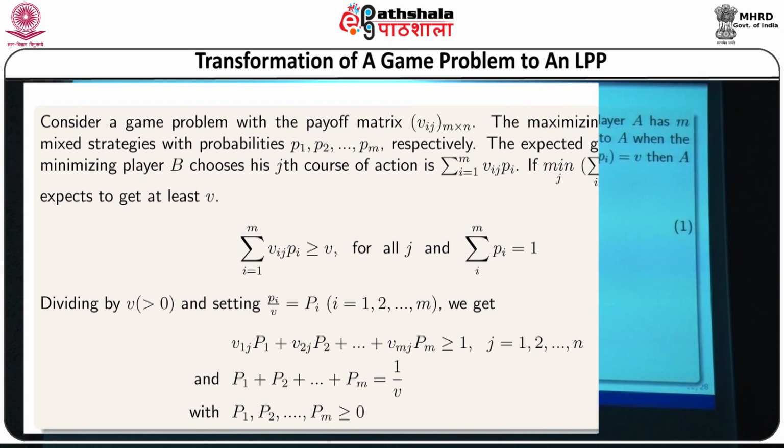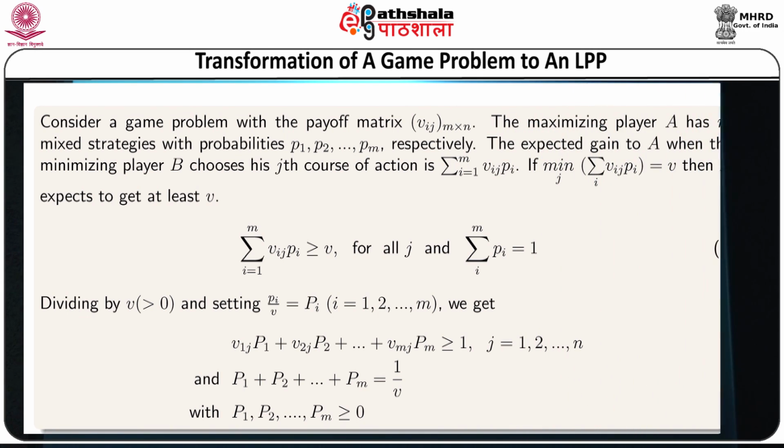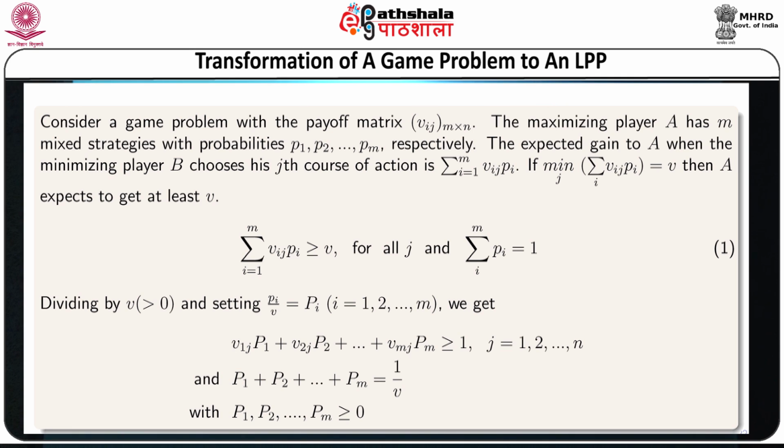Now, we proceed to see how a game problem can be transformed into an LPP. In fact, every finite two-person zero-sum game can be expressed as a linear programming problem, and conversely every linear programming problem can be represented as a two-person zero-sum game. We consider here a game problem with the payoff matrix vij of size m by n. The maximizing player A has m mixed strategies with probabilities P1, P2 up to Pm.